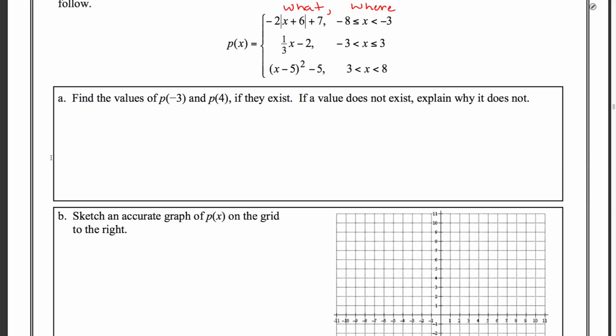Read it. x value? What does it say? Integer. 3 is less than x, which is less than 8, right? It's not saying 3 is less than y, is it? So it's related to the x values. This is the where on the x values.